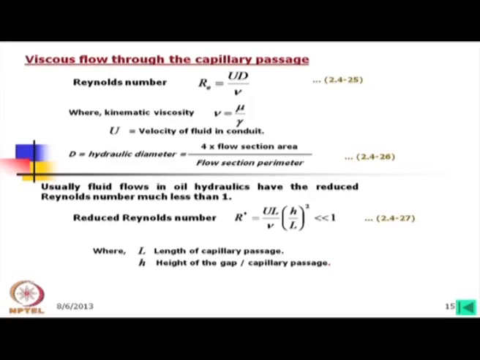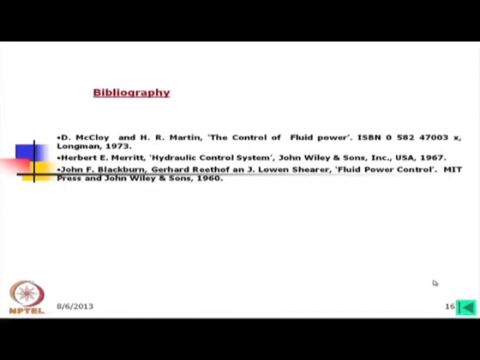This is for an example. Even in a pipe, we can consider L as the length and H simply the inside diameter of the conduit, but this is more useful where the flow is between two parallel plates or some capillary passage.